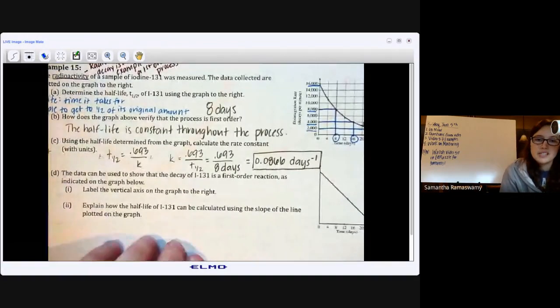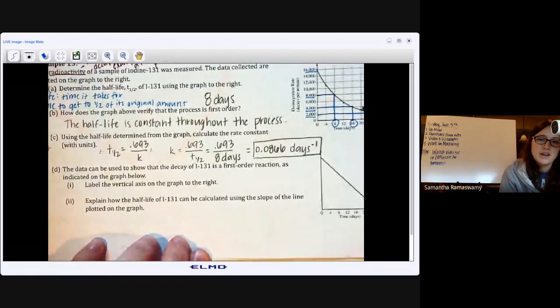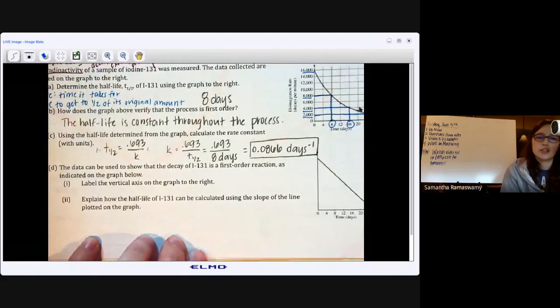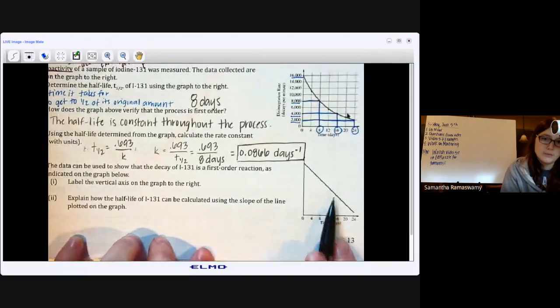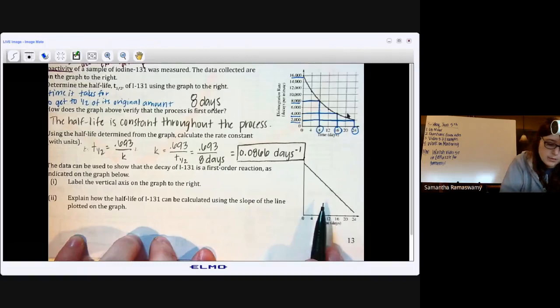So then part D says the data can be used to show that the decay of iodine 131 is a first order reaction as indicated on the graph. All right, so here's the graph. Label the vertical axis. So we want to label the y-axis here. Notice that it creates a straight line. So it's something versus time.